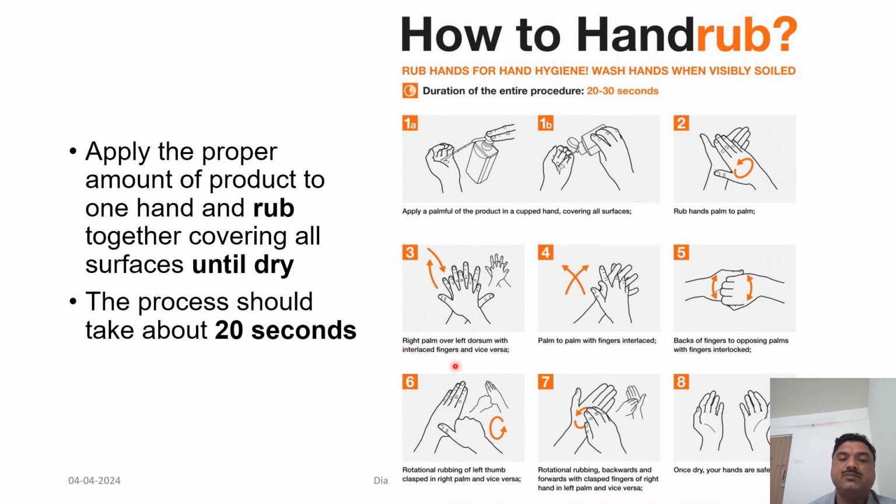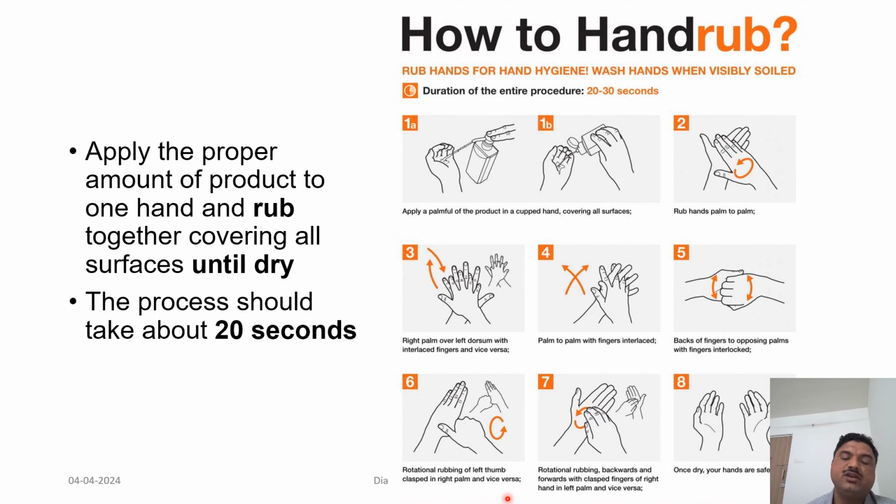Rub the dorsum of one hand with the help of the other hand, interlacing the fingers. The same should be done on the palm side with finger interlacing. Then the backs of the fingers should be opposed onto the palms of the other hand with fingers interlocked to clean the tips of the fingers.